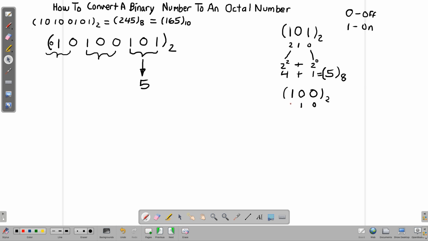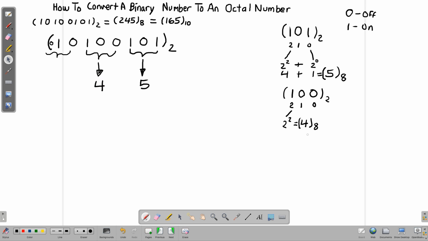And the 1 is in the second position. So we only care about this one since it's turned on. So we really have 2 to the 2nd power. And that's a value of 4 in octal. So that means that this group 100 represents the octal value of 4.